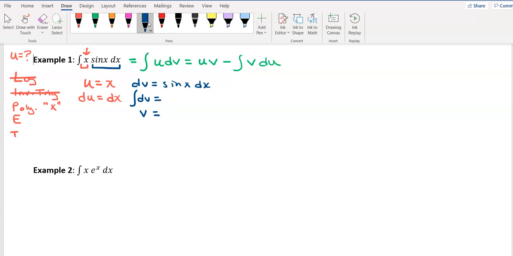Because we know dv, we need to figure out v, and to do that you need to go backwards, because we're starting with the derivative. Just remember something that sometimes people forget: when you're taking the integral of dv, there's really an invisible 1 there. So the antiderivative really is v.